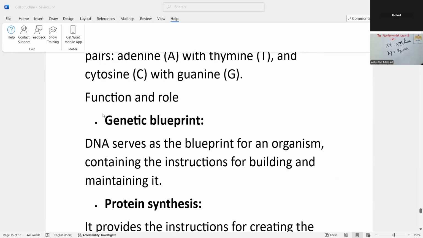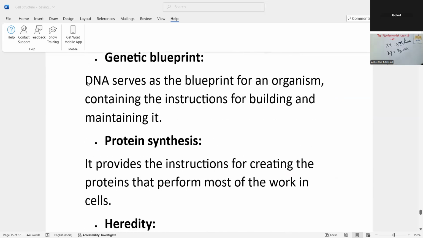So what is the use of DNA, what functions does it serve? It is a genetic blueprint. DNA serves as the blueprint for an organism, containing the instructions for building and maintaining it. Next, protein synthesis. It provides the instructions for creating the proteins that perform most of the work in the cells.